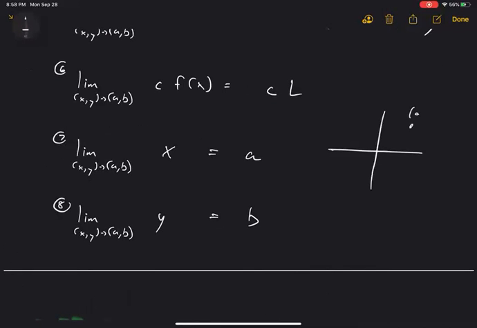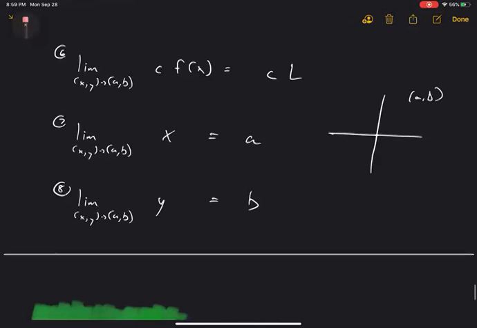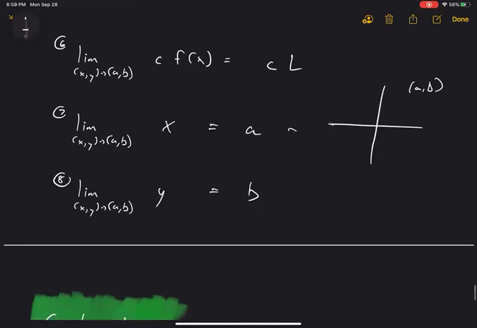Let's say I have this point (a,b), and I have this sequence of points that's getting closer and closer, or you could think of it as this path of points getting closer and closer to (a,b), while the x coordinate is getting closer and closer to a, right? And then same thing for the y coordinate. So these might be obvious, but it just bears repeating.